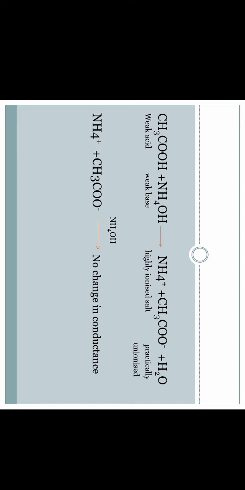Now these NH4 ions in combination with the highly ionized salt, CH3COO minus, when reacting with the weak base, show no change in the conductance. Now how this reaction works in the graph, we will see.